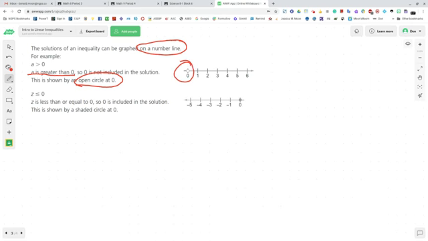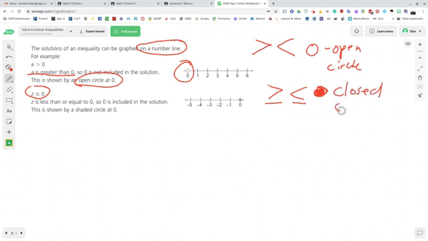Anytime it is just a greater than or less than symbol, it is represented on the number line with an open circle when we're representing a graph. Whenever we have a greater than or equal to or less than or equal to symbol, it is represented on a number line with what we call a closed circle. All right, so z is less than or equal to 0, so 0 is included in the solution, so this is shown by a shaded circle.